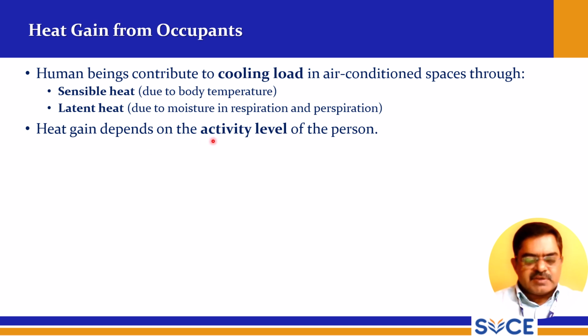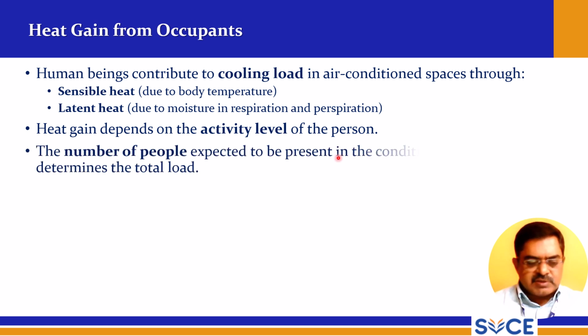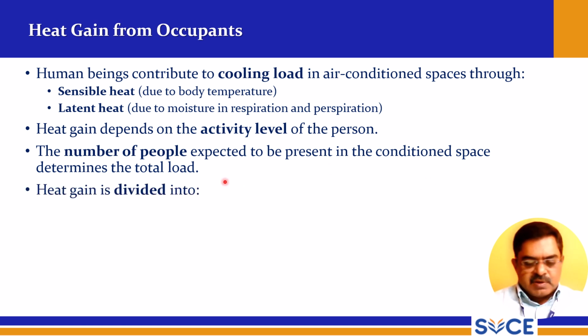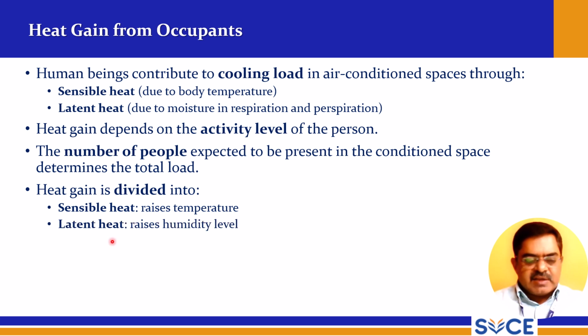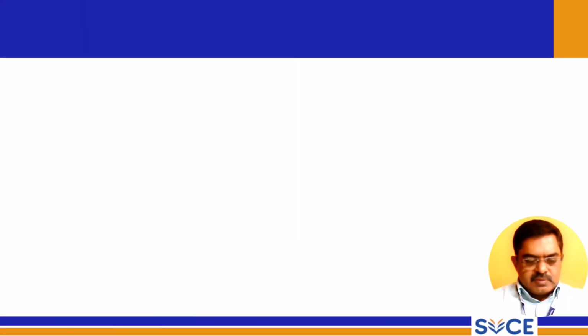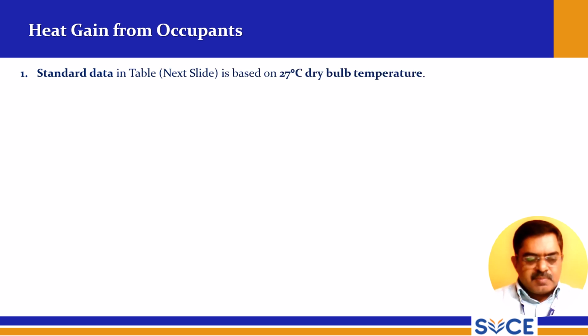Heat gain depends on the activity level of the person, and the number of people expected to be present in the conditioned space determines the total load. The heat gain is divided into sensible heat, which raises temperature, and latent heat, which raises humidity level. Heat gain from occupants standard data is in a table.